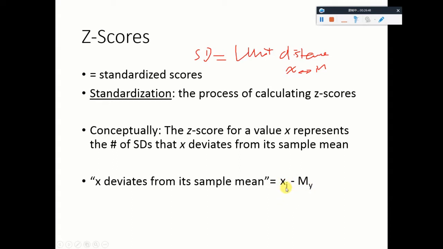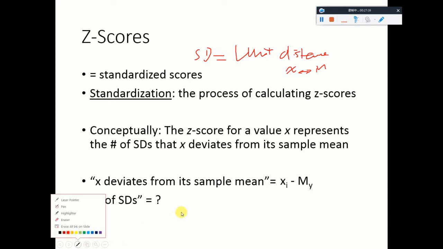So i means any value or all values. But then, how do we calculate this part, the number of standard deviations? If you think about it, it should be pretty straightforward. If this is the distance and SD is the unit distance, then how do we calculate the number of units?